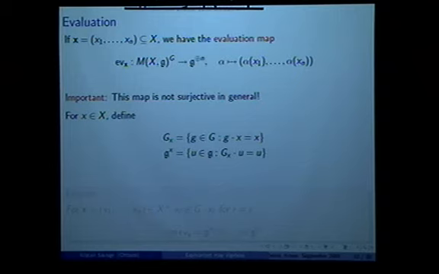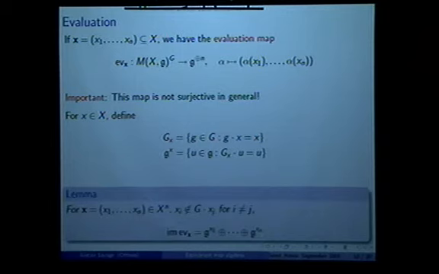Okay, so for every point, we have the stabilizer and this fixed point algebra that's fixed by the stabilizer of that point. And then we can describe what the image of this is. So if we pick an n-tuple of points, no two of which lie in the same orbit, then the image of this map is precisely the sum of these fixed point Lie algebras.